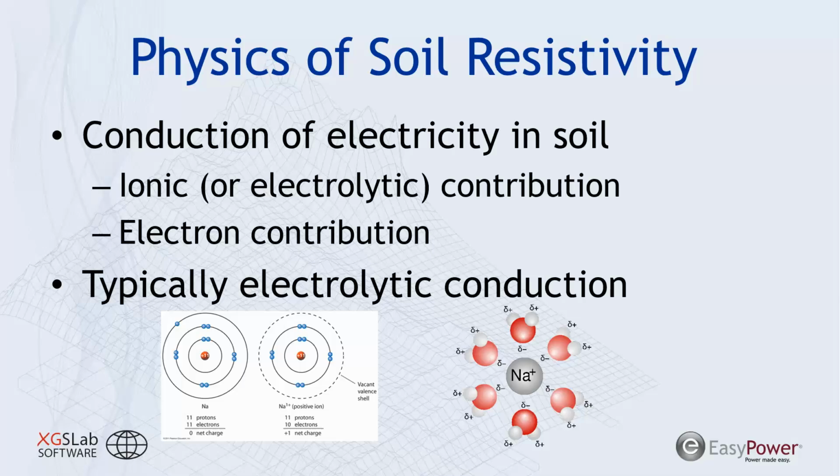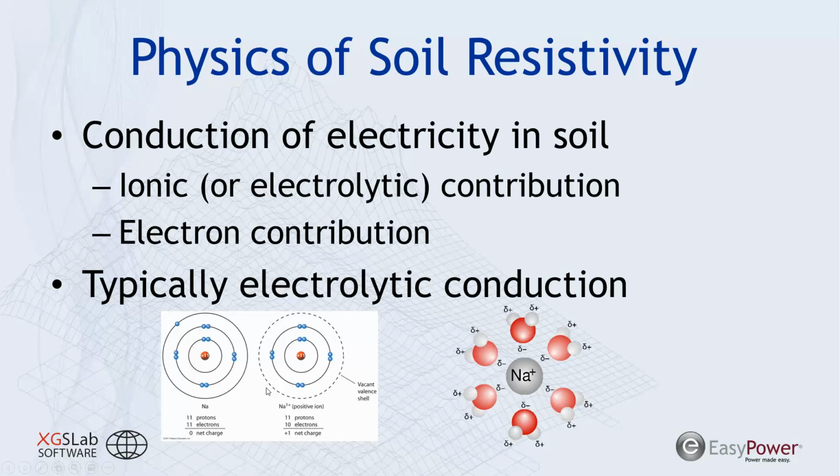So when we look at a material such as soil or the earth, that conduction or its resistivity is primarily a factor based off the electrolytic conduction. And an example of that at a really basic level is if we have a sodium atom, such as on the bottom of the screen here, it's balanced on this image.